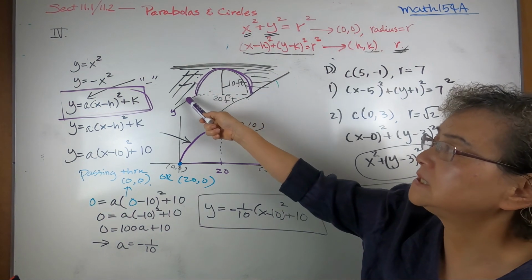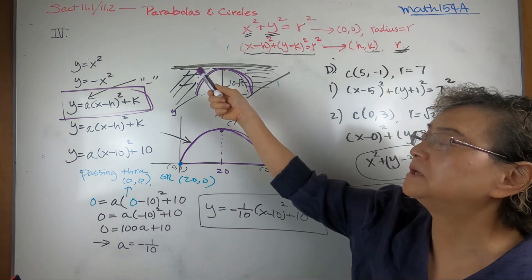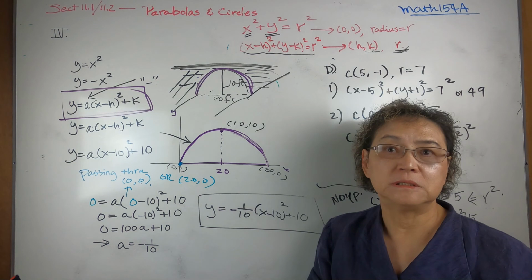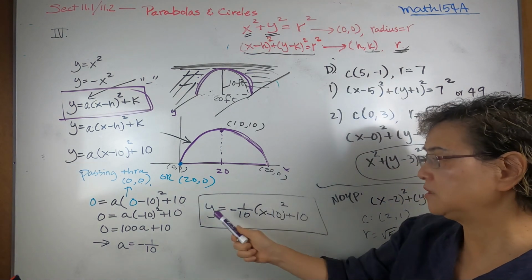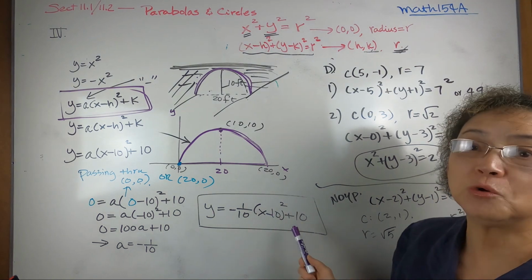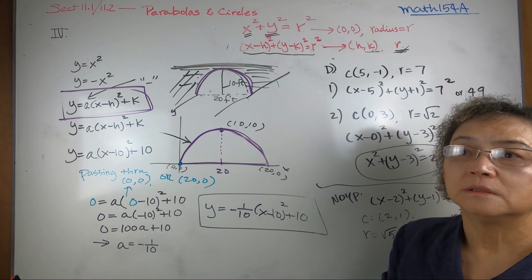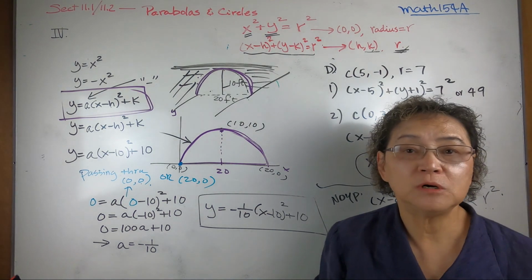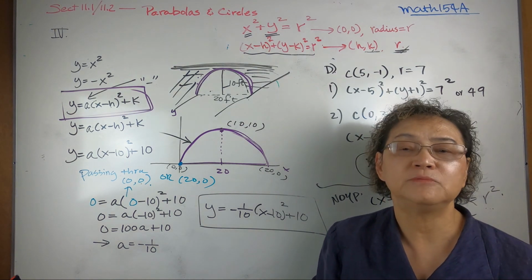They can calculate how much weight the bridge can carry, for example, right? So that's how we can use the equations if we can figure them out. So that would be our sections 11.1 and 11.2.